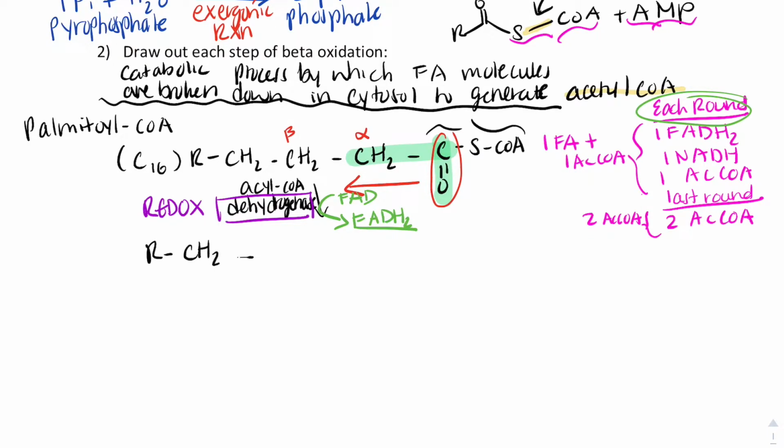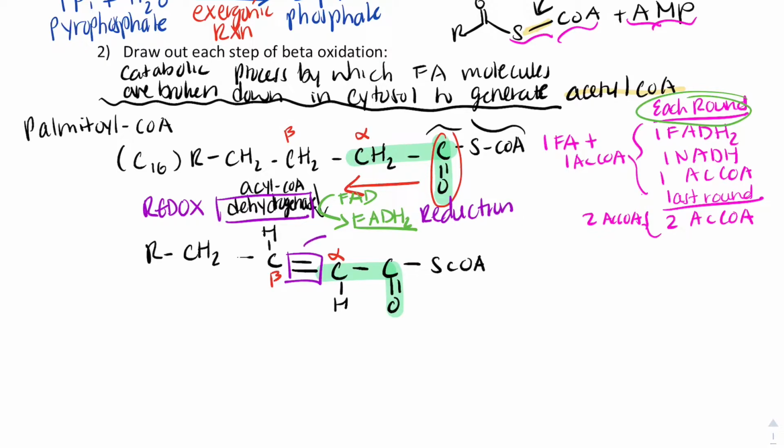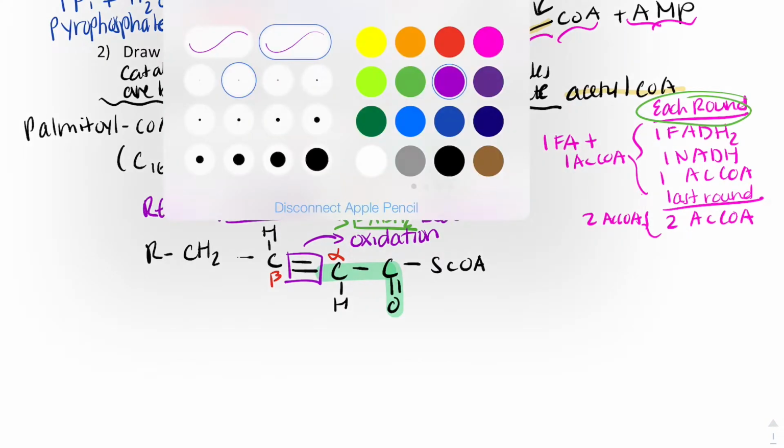So we get our R group, and then we have our oxidation, which is here, and then our acyl-CoA. The double bond is actually occurring between the alpha and the beta carbon. And this is where the oxidation is. So we have reduction here and oxidation here.